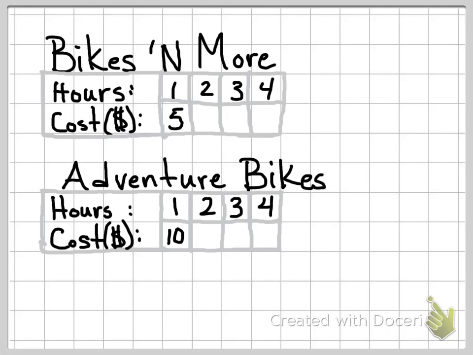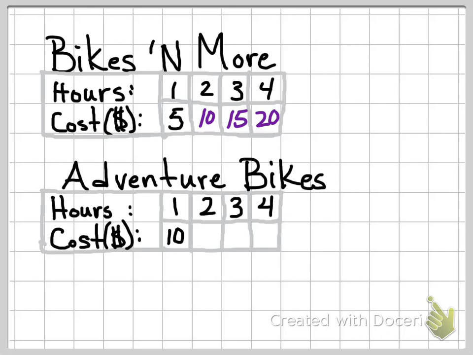So in order to do that, we have just created a little chart here, and we know that for Bikes and More, 1 hour is $5. So then 2 hours will be $10, 3 hours, $15, and 4 hours will be $20.